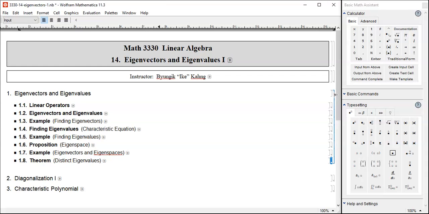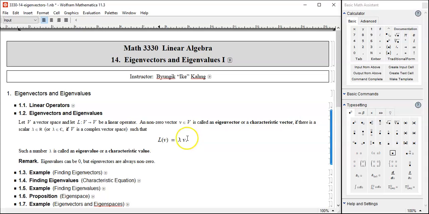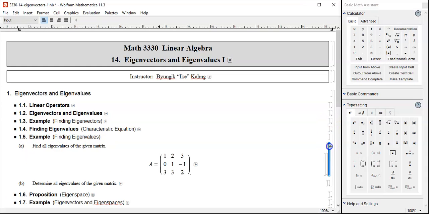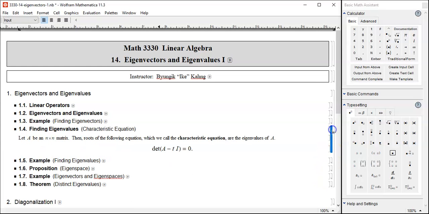Okay, a brief summary again. We talked about linear operators, all right? We talked about eigenvectors. L of V is lambda times V. That's an eigenvector as long as V is non-zero. And that lambda is the eigenvalue. Now, how do you find eigenvalues? Through the characteristic equation. Where's the characteristic equation?